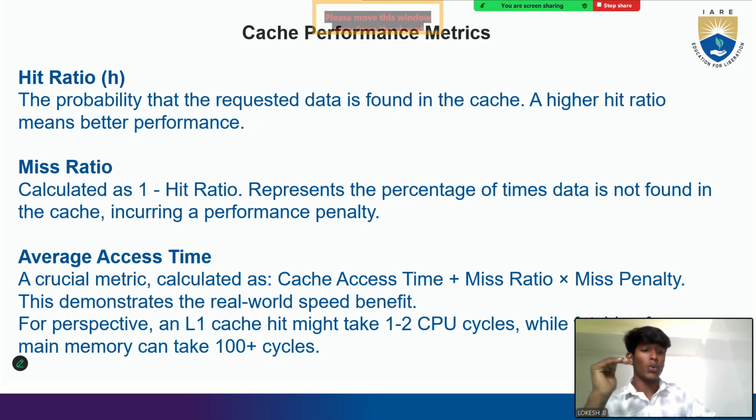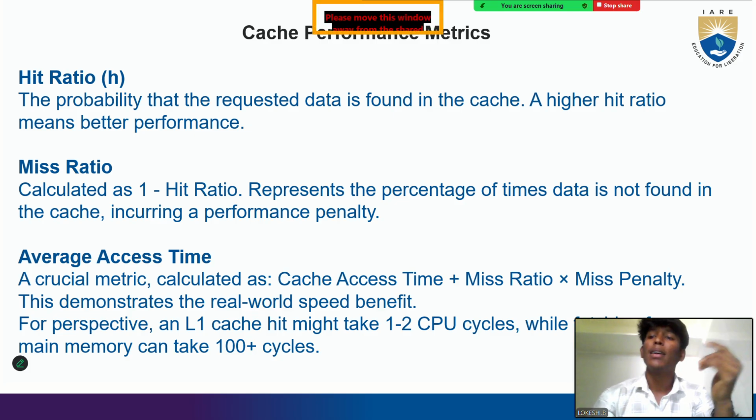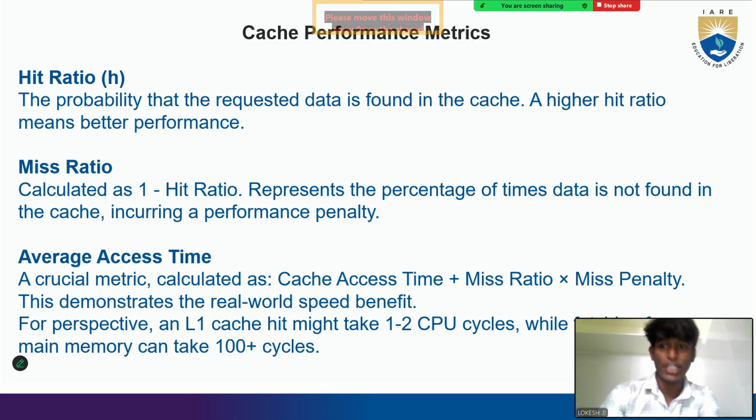If the H value, the hit ratio value, is higher, then the cache memory performance will be better. And the miss ratio, calculated as 1 minus the hit ratio, represents the percentage of times data is not found in the cache, incurring a performance penalty. If the data is not found in the cache memory, it is called a miss ratio. And average access time.